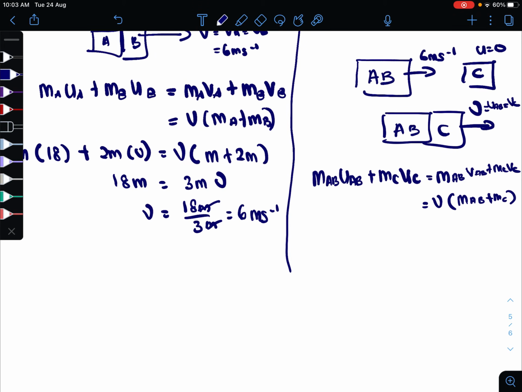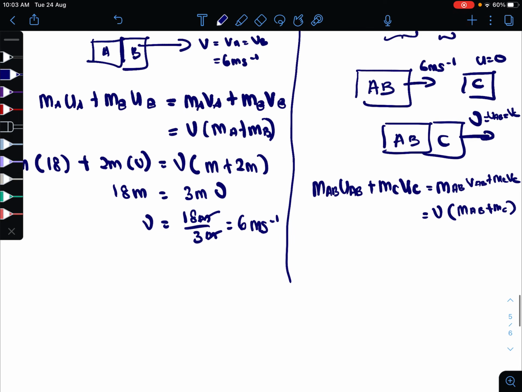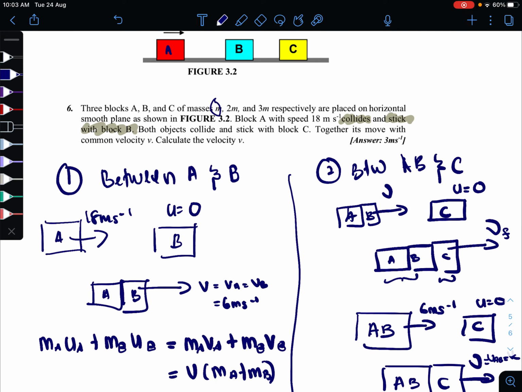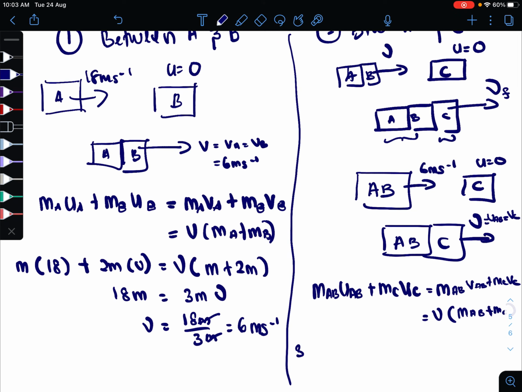Then we substitute the values. MAB is the mass of this new object, the combination of A and B moving with 6 meters per second, which is the mass of A plus the mass of B, which is 3M. UAB is the velocity after they stick together, the answer from before, 6 meters per second to the right, plus MC, which is 3M, multiplied by 0 at rest, and V is what we are looking for.